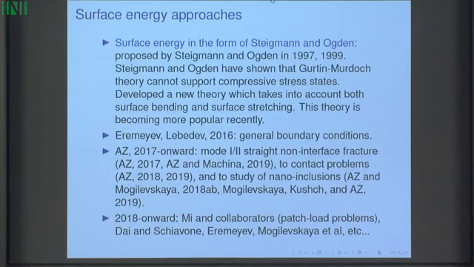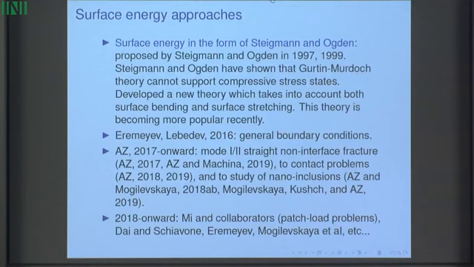They suggested augmenting the theory by additional resistance to bending. Mathematically, this led to incorporation of curvature-dependence into the surface energy. It made the model more complicated and higher order, but it resolved this paradox of compressive stress states.